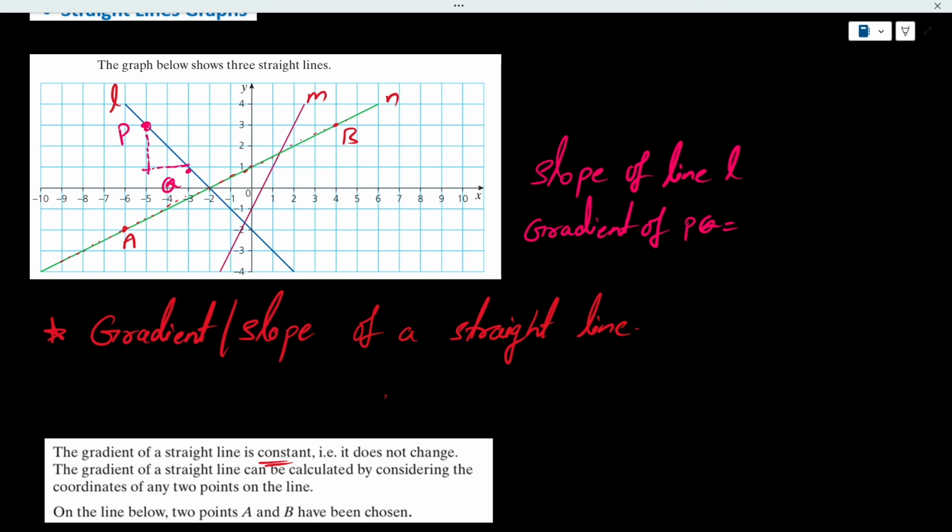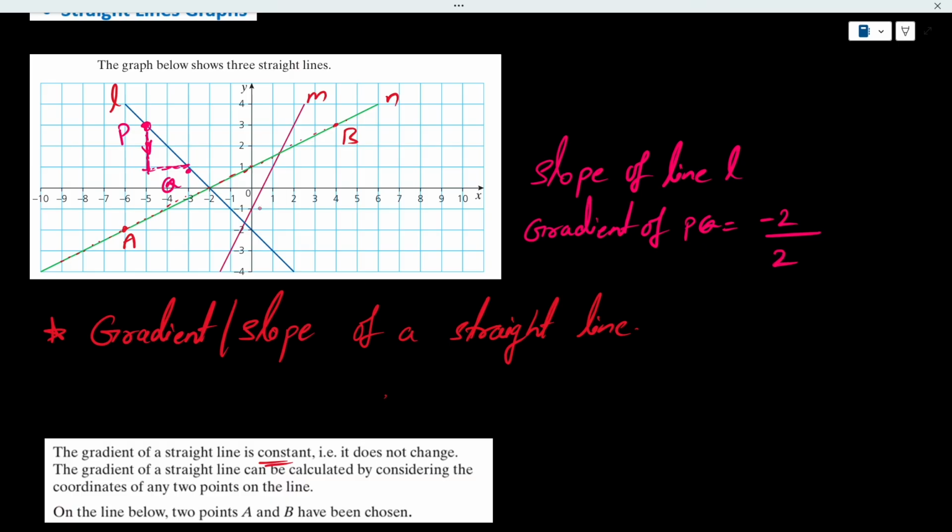Now, from P to Q, because I have written, you can go Q to P or P to Q. Any 2 points on line L you can take to calculate the gradient because it is constant. Now, I am going vertical distance downside, right? So you will take -2, and from here it is to the right side, that means positive.